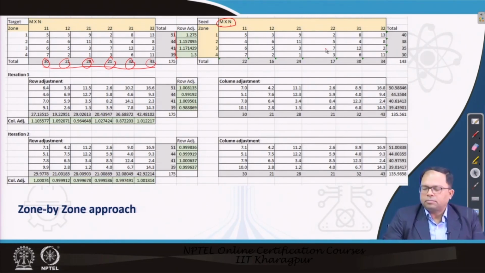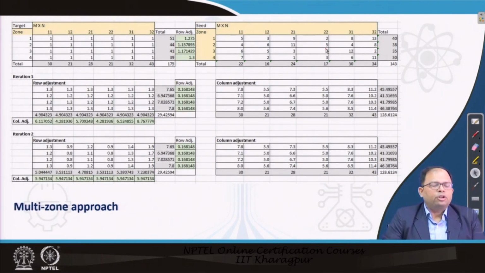Or it could be a multi-zone approach, where, let us assume that this seed data is not available for each zone. Here this is the total seed data for this sample population, not for each zone.